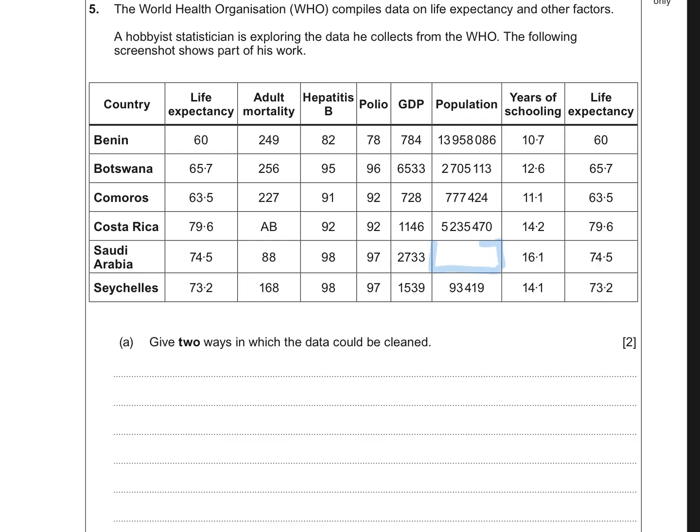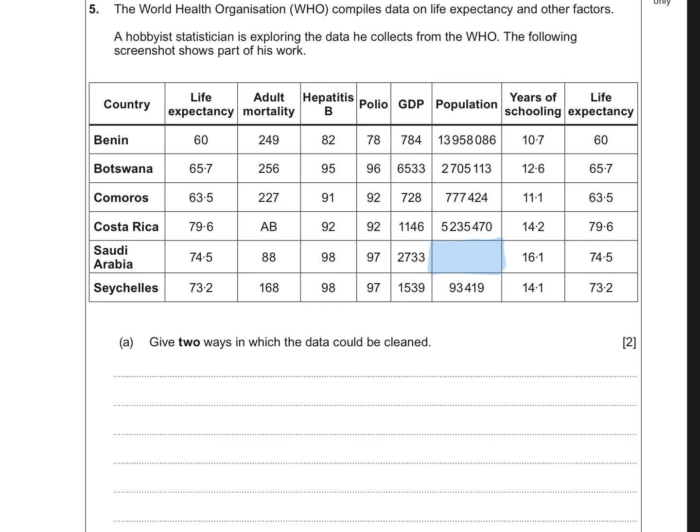Number 1 to me is there's an empty box. Okay, so something's obviously gone wrong with whoever found this data. Either they just missed out Saudi Arabia, well, that's pretty much the only reason I can think of. They've just missed it out. So that's probably going to be one of my answers.